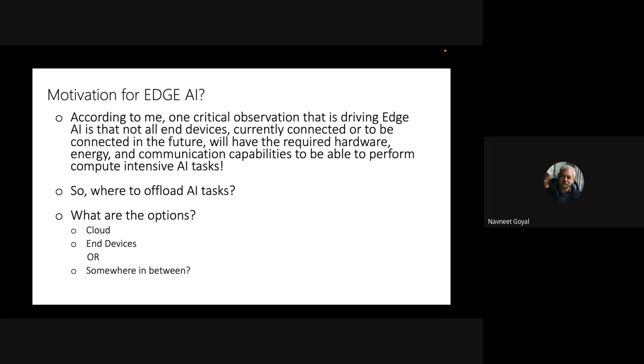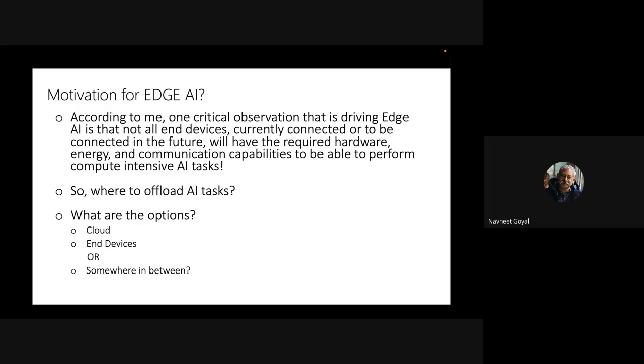Because we are looking at an order of trillions of IoT devices in the near future, it is not possible to have all these capabilities on all of those trillion devices. So you have to look at solutions. This is where Edge AI comes in.